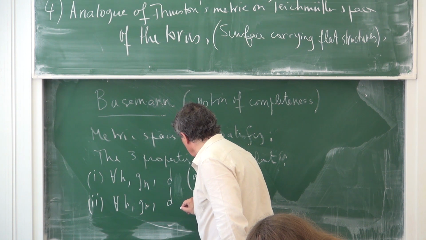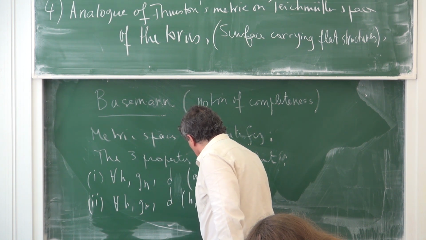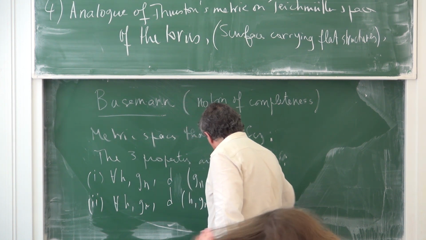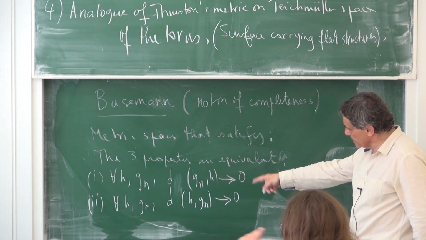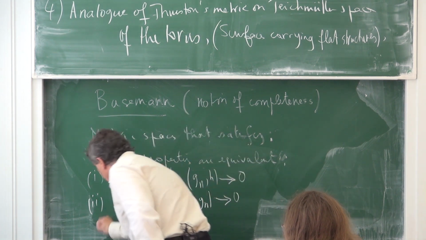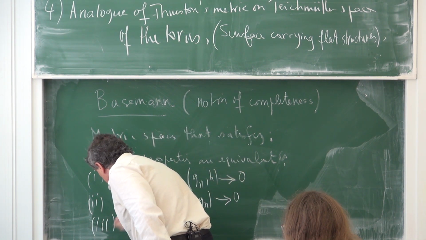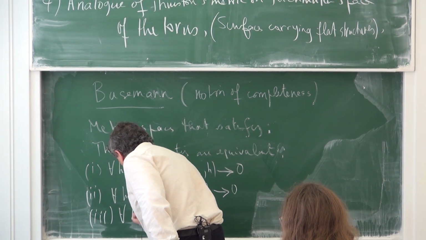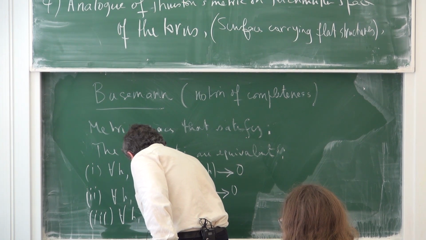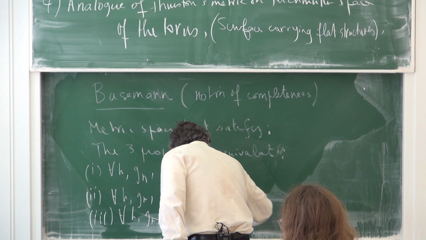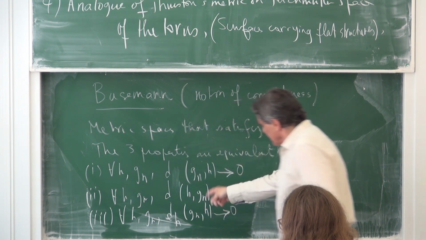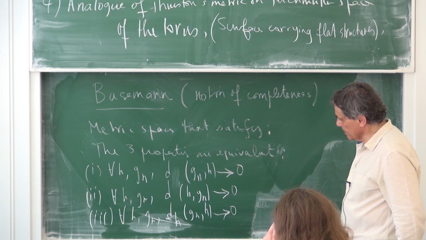D h of gn goes to 0. So this is the convergence to the right. This is convergence to the left. I could have kept the first one, but I prefer to put it like this. For every h and for every gn, this is the symmetrized, and for the symmetrized, the order does not count.